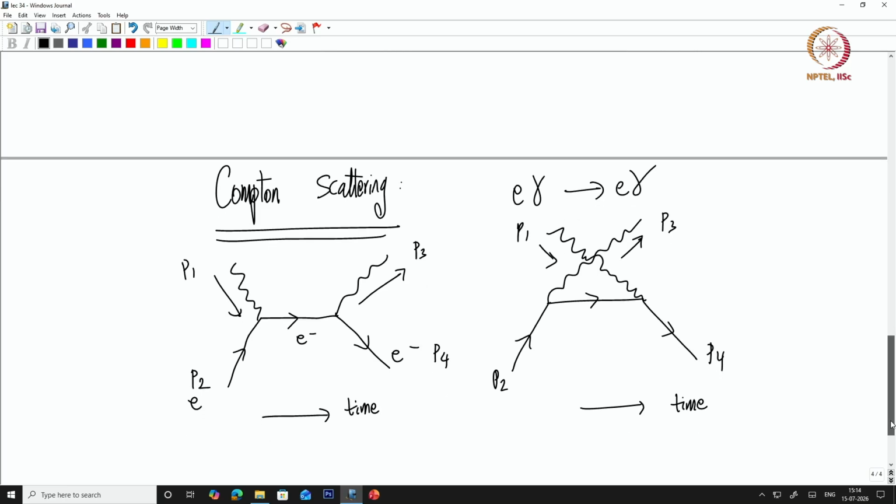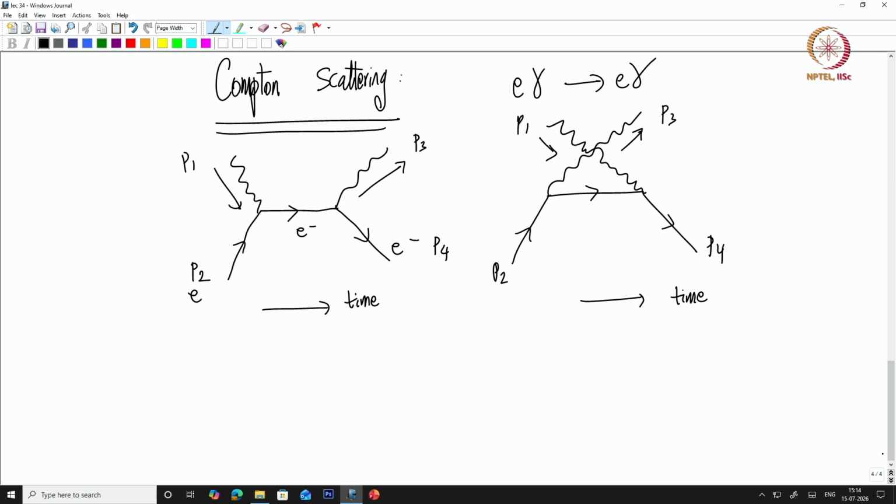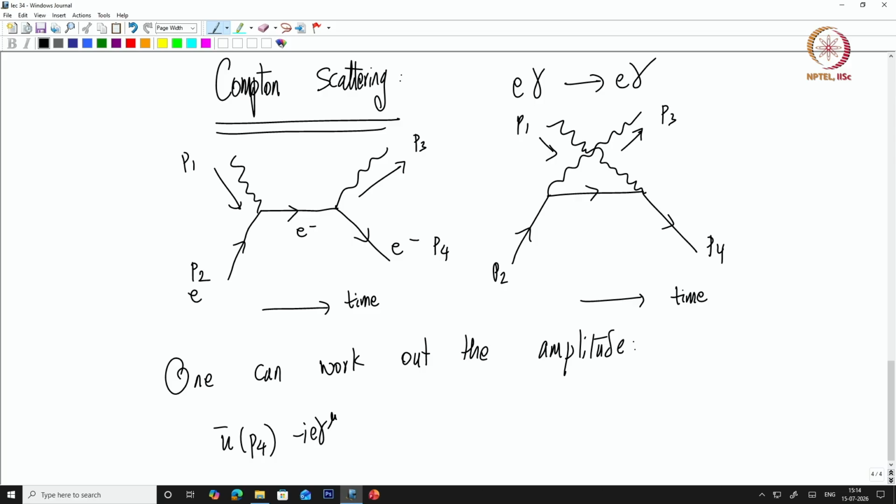Now, you can work out the amplitude like always. So, we have u bar of P4, i e gamma mu, and then we just have to see this is T channel, this is U channel.